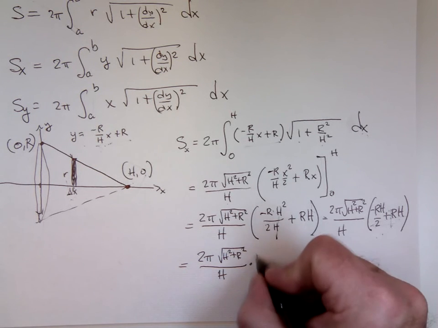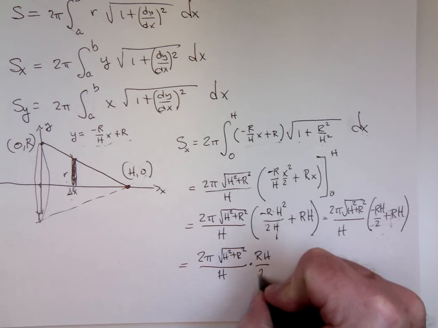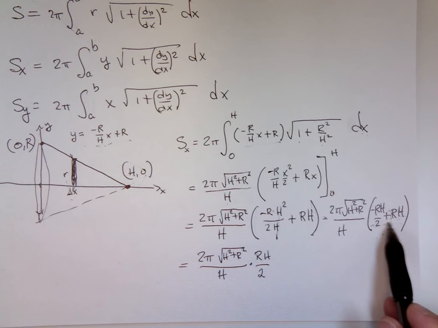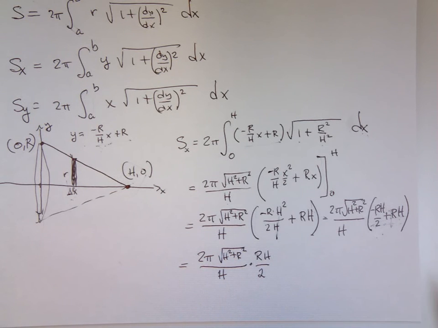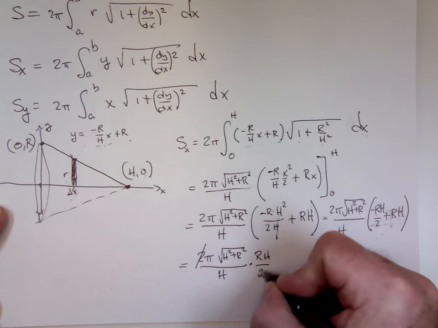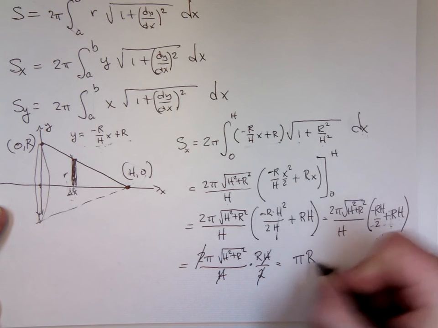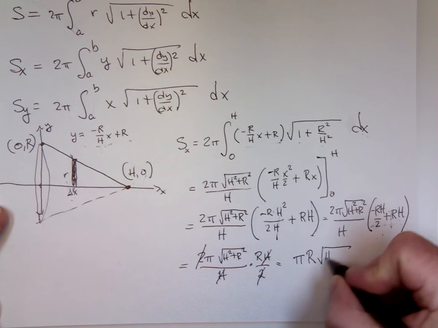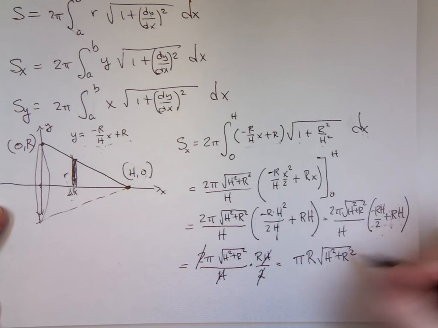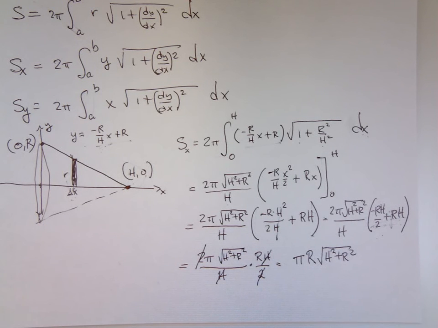That's what this gives me right here. Multiply by 2 over 2. And now what do I get? 2's cancel, h's cancel. I end up with pi r square root of h squared plus r squared. That is the lateral surface area of a right circular cone.